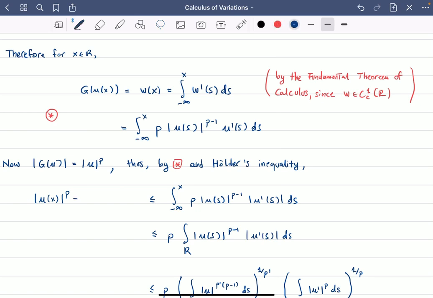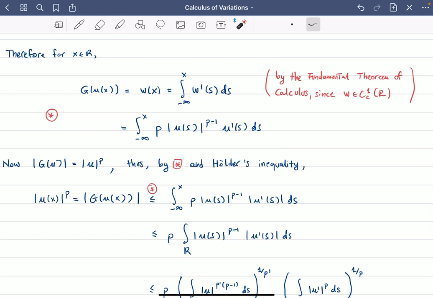So this is equal to the absolute value of g of u, and by star this is less or equal than the integral from minus infinity to x of p times absolute value of u to the power of p minus 1 times absolute value of u prime.